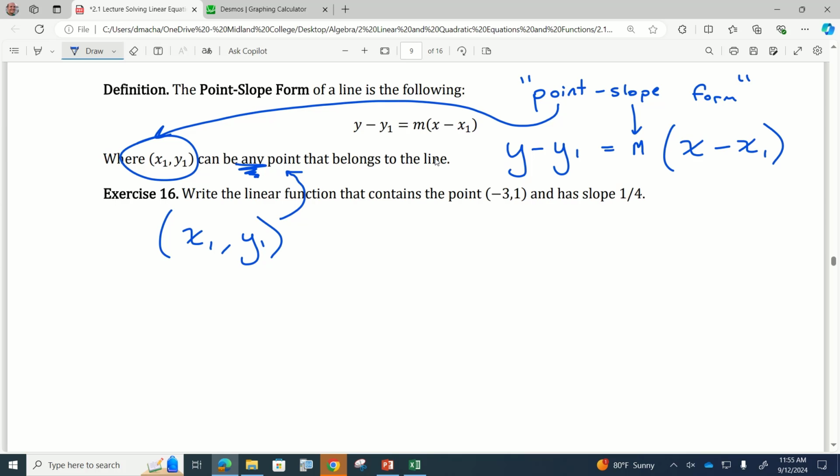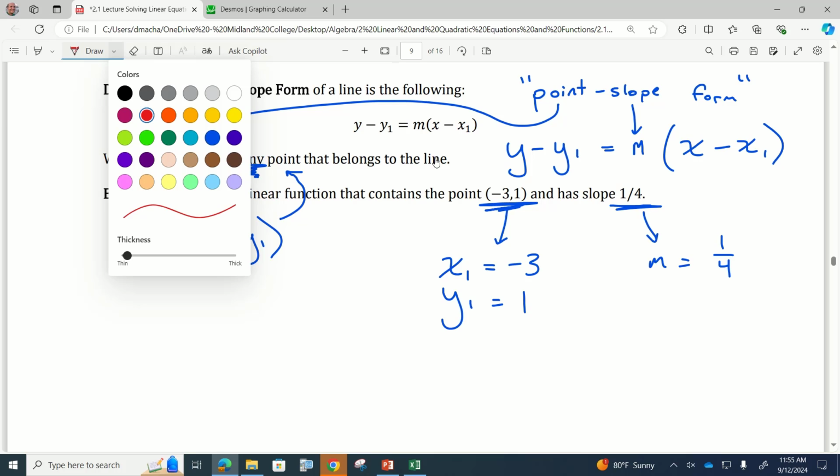So in exercise 16, it says, write the linear function that contains this point and has this slope. The way you do that is you say, this point is telling me x1 is minus 3, y1 is positive 1. Slope of 1/4 tells me that m is the fraction 1/4. And then you remember this.